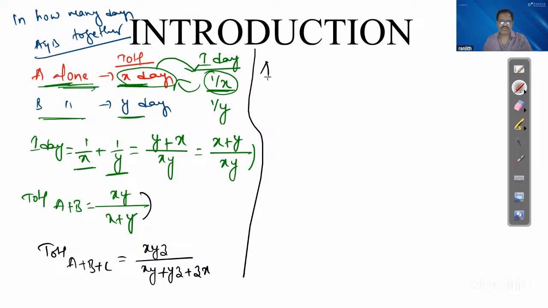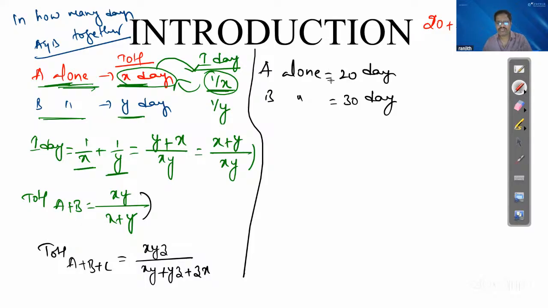A alone can complete the work in some 20 days. B alone can complete the total work in some 30 days. In how many days can A and B together complete the work? In the sense, don't do the average of 20 and 30, which we are getting as 25.